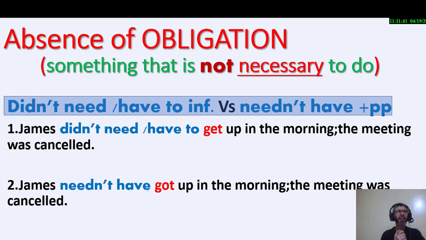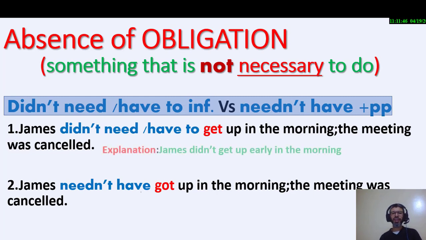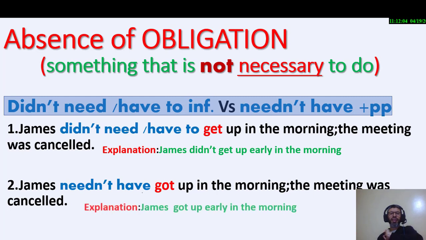What's the meaning? Now the explanation for number 1. The explanation is that James didn't get up early in the morning. It was not necessary for him to get up in the morning, and he didn't get up in the morning.